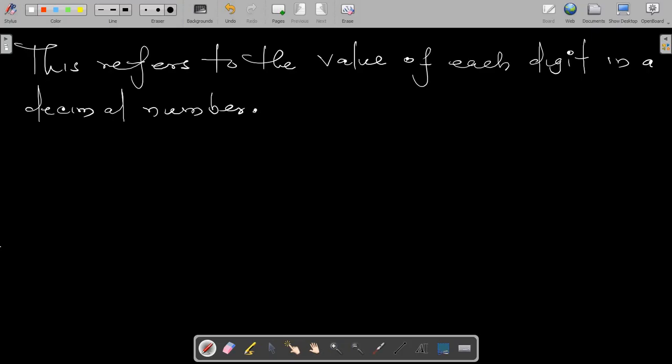So that's what we call a place value. So let me use a typical example like this. Let me just say 178.496. So actually this one here represents the 100.